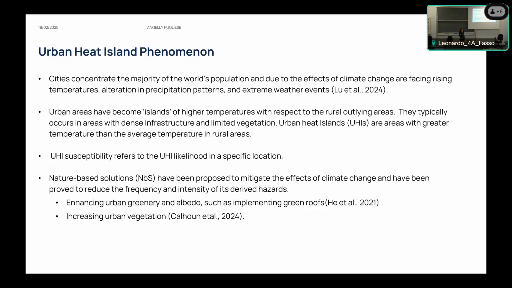As you all know, the urban heat island effect is a phenomenon that occurs mainly in city centers, where the urban areas, or any area in particular, have a higher temperature than the reference temperature provided by the vegetated and forested areas. So the urban heat island susceptibility in this context can be defined as the likelihood of the urban heat island effect happening at a specific location.